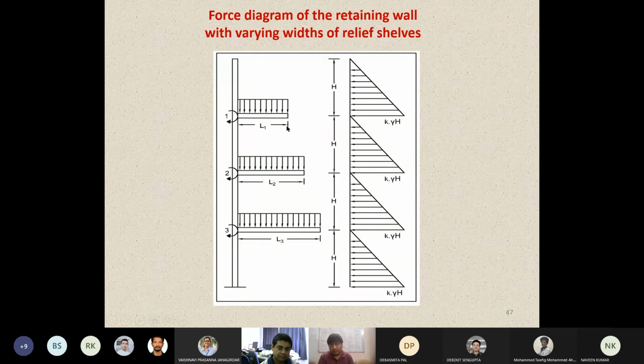But for this kind of wall, due to this force there will be a reaction, and due to this reaction this particular member will be under compression. To avoid such failure, they are thickening the sections.